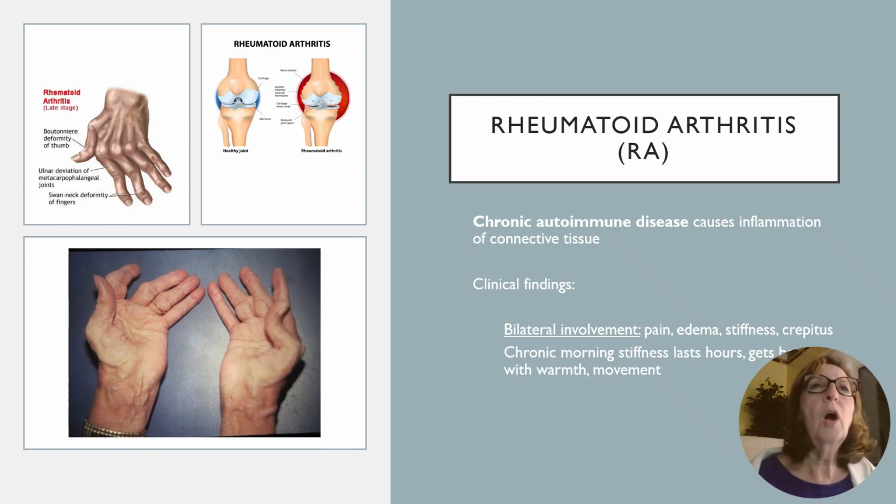So now we're going to talk about rheumatoid arthritis. We're going to be talking about different kinds of arthritis. So please make sure that it's very clear to you what kind of arthritis we're talking about, okay? So rheumatoid arthritis is a chronic autoimmune disease that causes inflammation of the connective tissue.